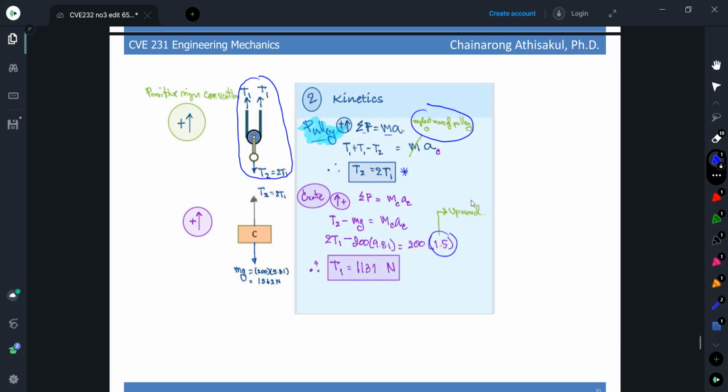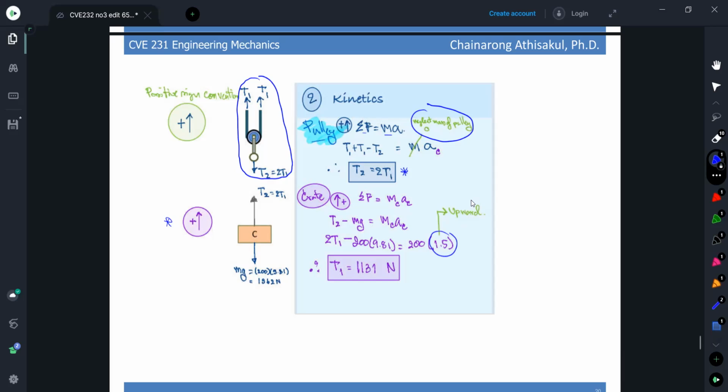So for the free body diagram of the crate, we set upward as positive, according to the kinematic diagram, since crate C goes up.